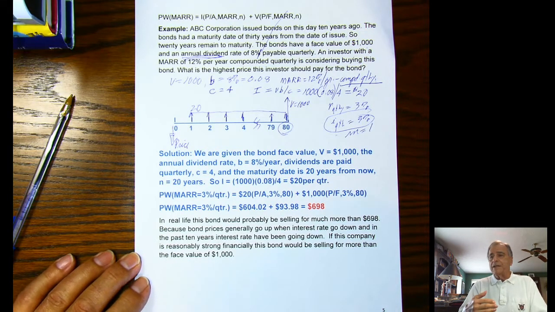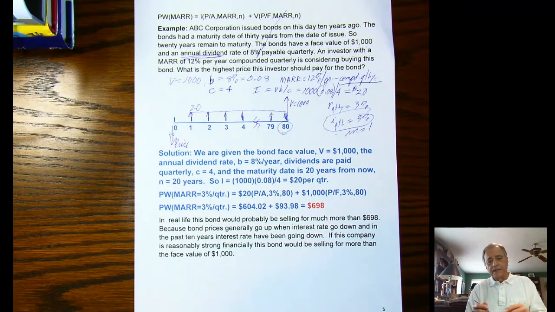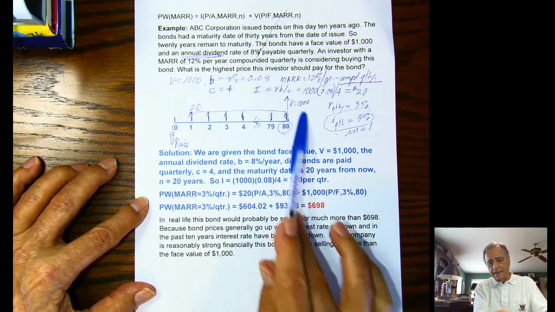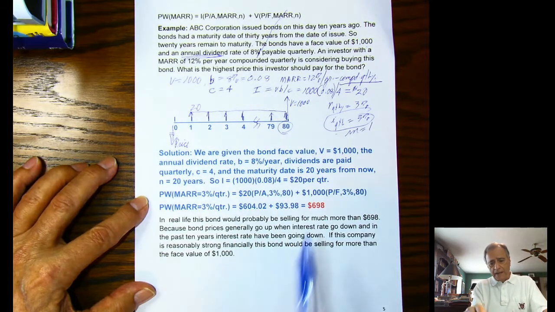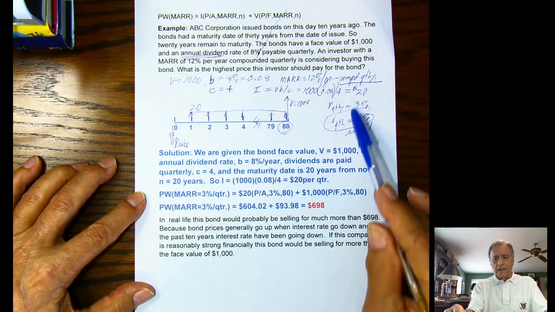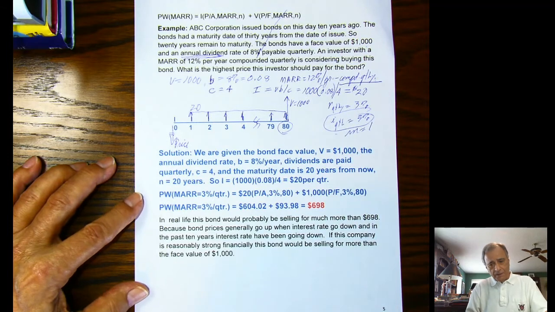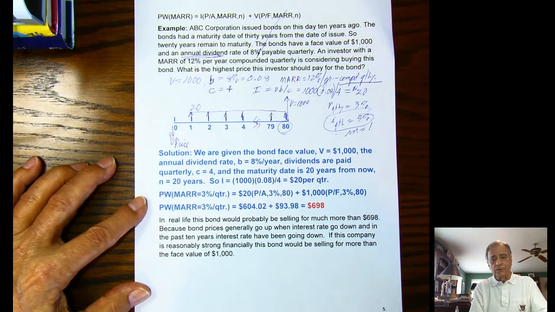And the reason is because interest rates have been coming down over the last 10 years, and therefore bond prices have been going up. So it's really unrealistic. You'd probably, to buy this bond that has this dividend stream and that future value, you probably have to pay more than $1,000 for it now. And you certainly would not earn 3% per quarter if you did.